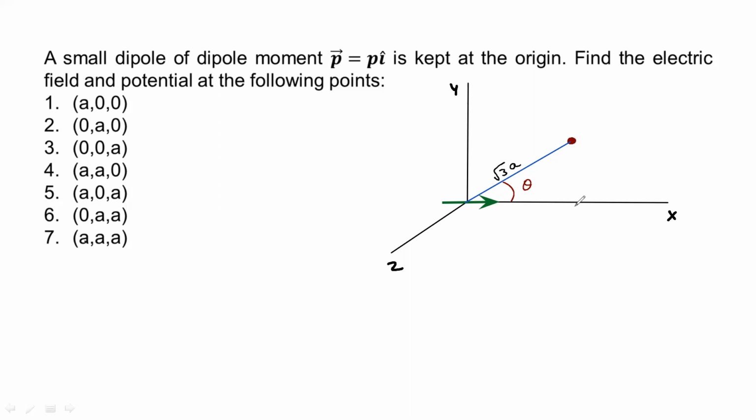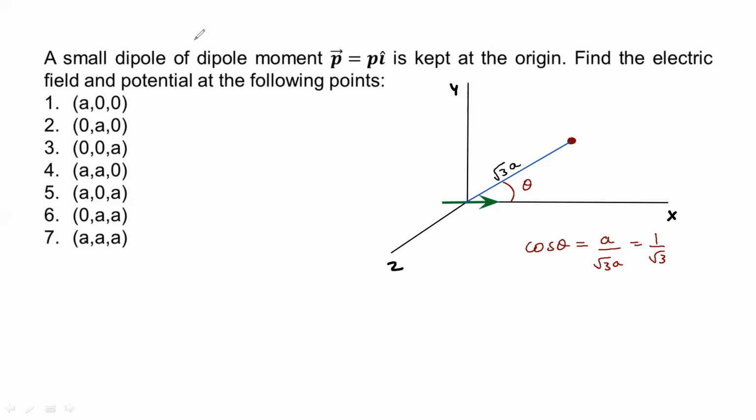So if you remember in the chapter vectors, I've taught you about direction cosines. So you can use that logic, and you can see that cos theta is simply going to be equal to a by root 3a. So that is 1 over root 3. Okay. So cos theta is equal to 1 over root 3.